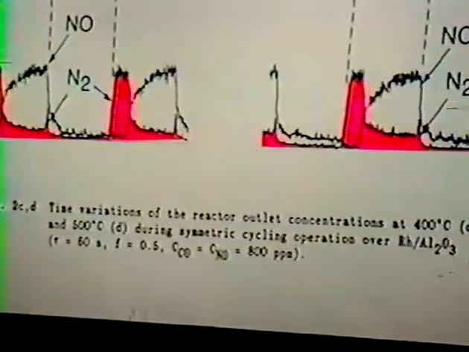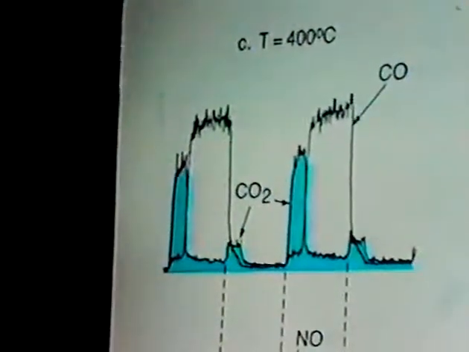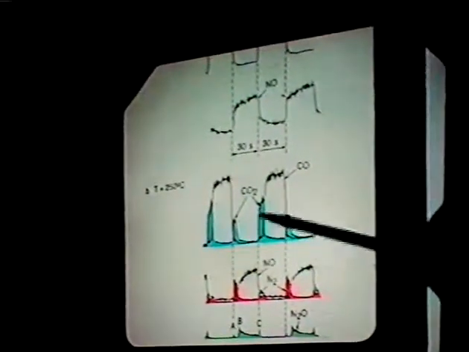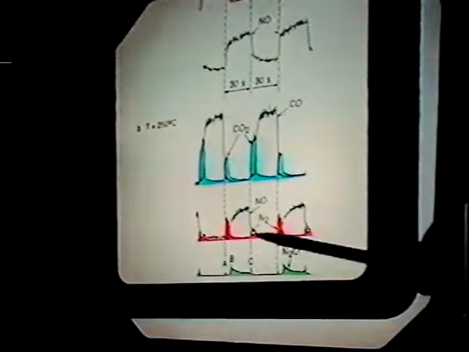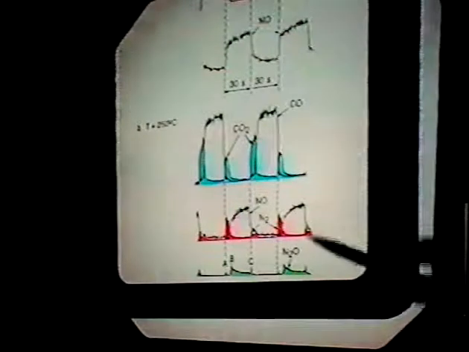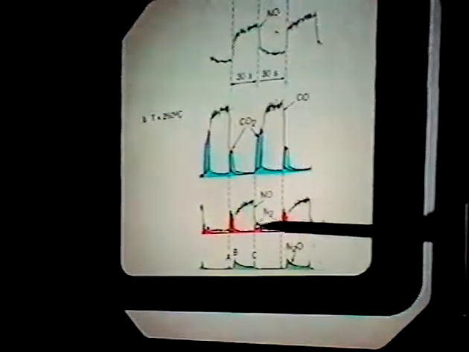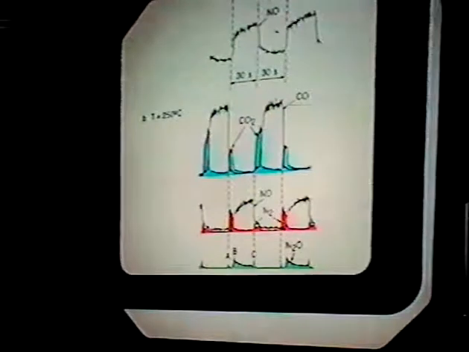Before going to that, I'd like to mention again that we have two product formations, carbon dioxide here, and nitrogen formation from here and here. If we look at these two products, CO2 and nitrogen, we can immediately note that they are in the wrong half cycle.